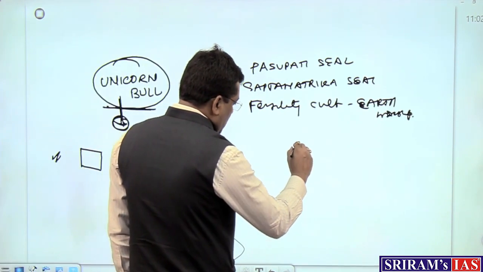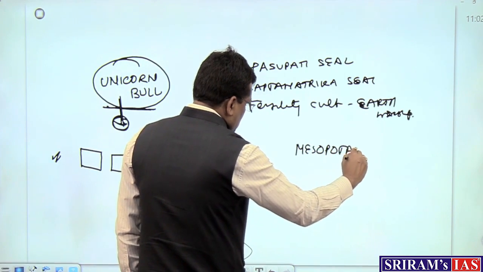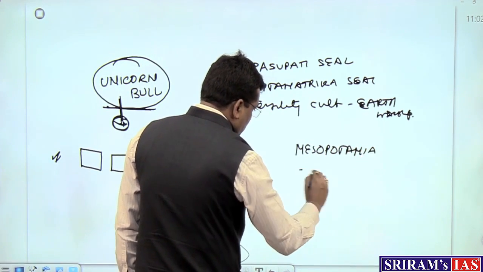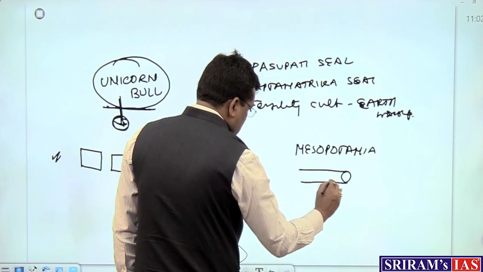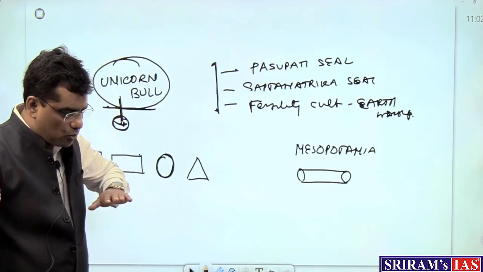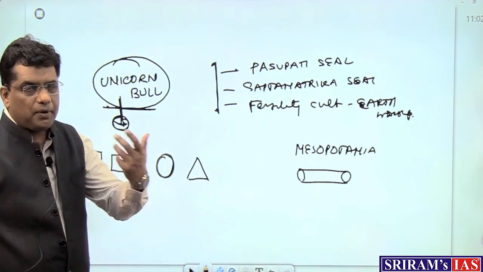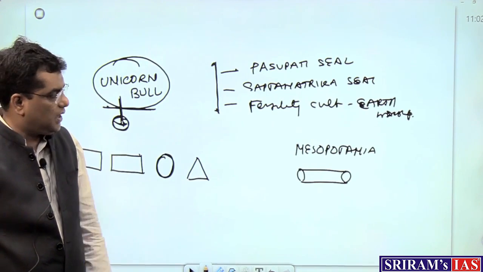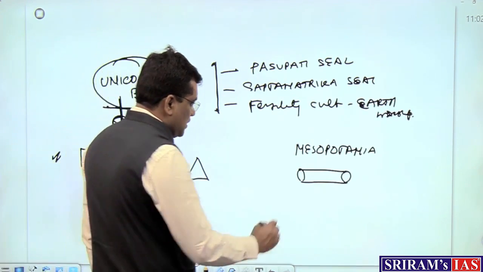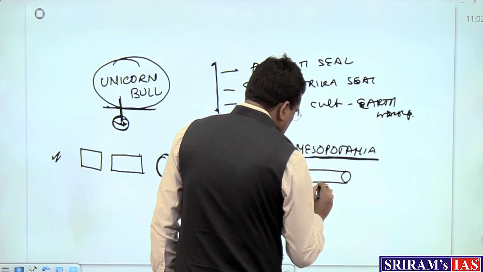But in Mesopotamia, we have cylindrical seals. Cylindrical seals means you have to roll the entire cylinder and thereafter the impression comes out. So this type of impression is there in the Mesopotamian seals. So Mesopotamia, these are the cylindrical seals.